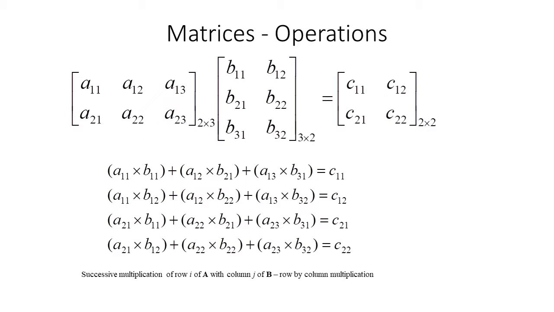Now to find C22 we have to multiply the second row with the second column: A21 multiply B12 plus A22 multiply B22 plus A23 multiply B32, that is equal to C22. This is successive multiplication of row i of A with column j of B. This is what we call row by column multiplication.